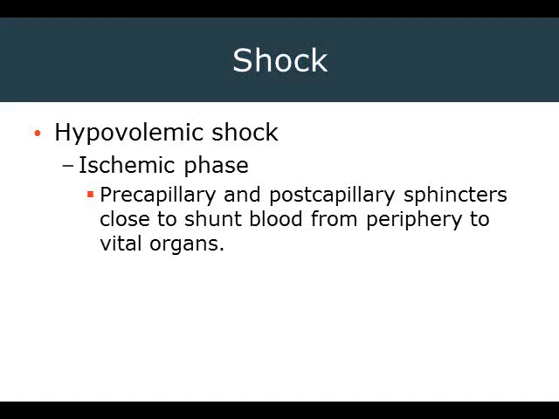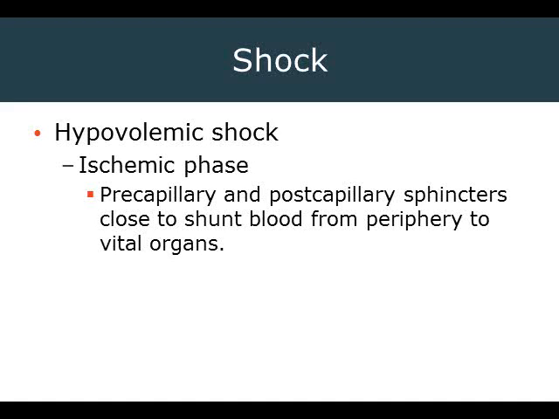So in the ischemic phase, the precapillary and postcapillary sphincters, so the sphincters on both sides, are closed, not allowing blood to enter the capillary networks. So it keeps it in the bigger vessels, which in theory causes us to have more circulating blood volume.